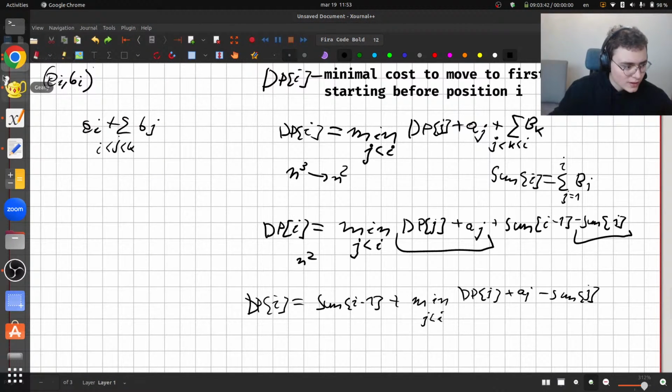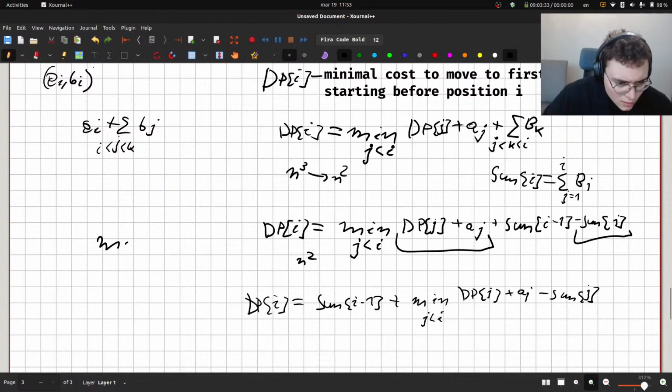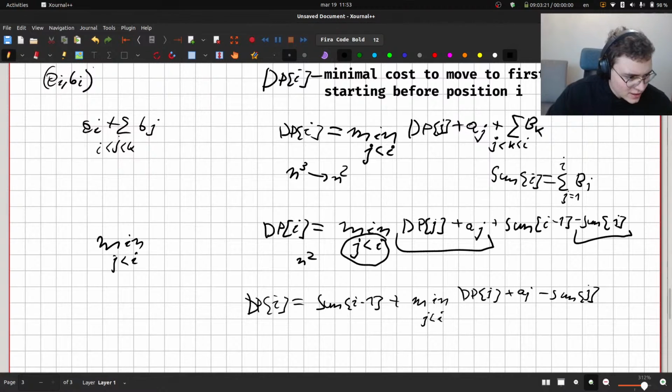I hope everyone understands. The minimum over j smaller than I is basically a for loop that looks at all the j's that satisfy this condition and takes the minimum of the values from all of those j's.